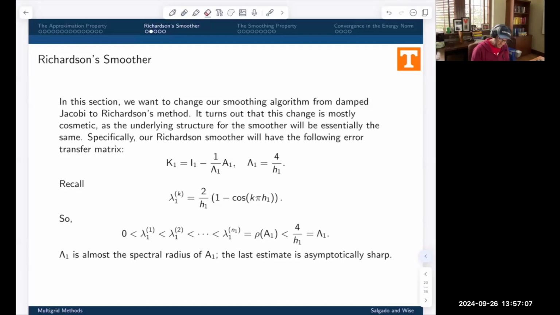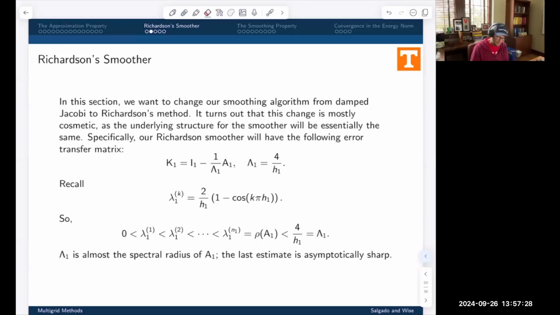So the Richardson smoother that I want to use, remember how Richardson worked. For the error transfer matrix, I can pose it in this equivalent way without loss of generality. We can just talk directly about what the error transfer matrix looks like.